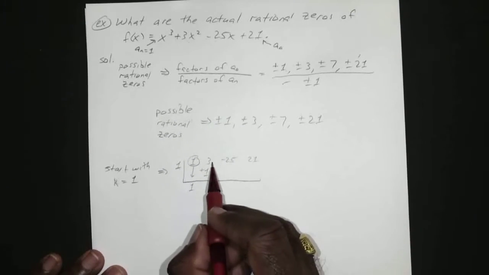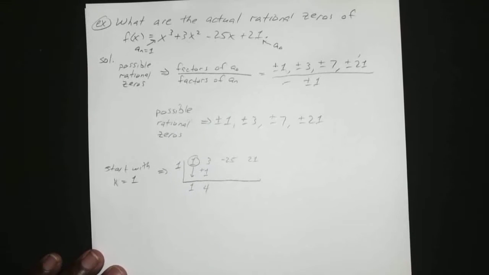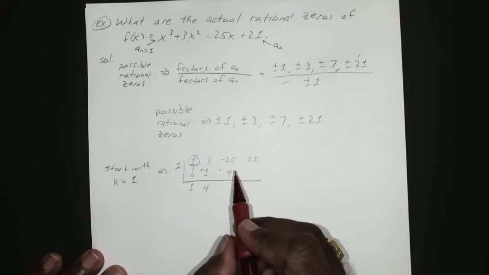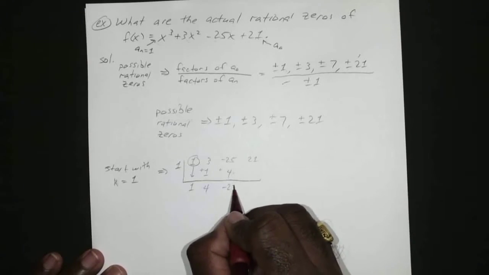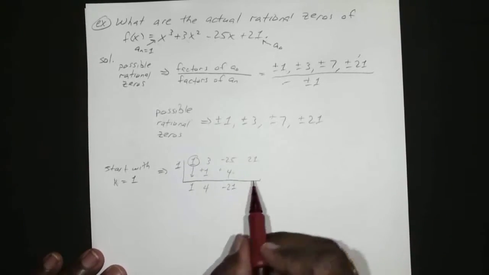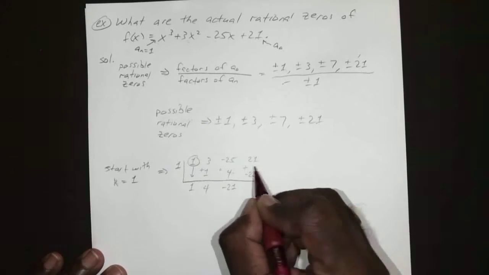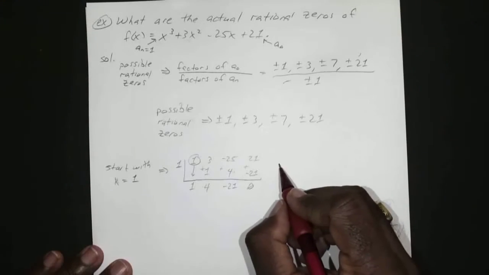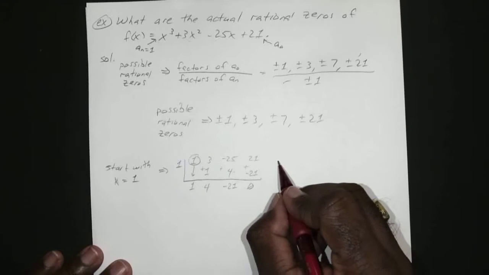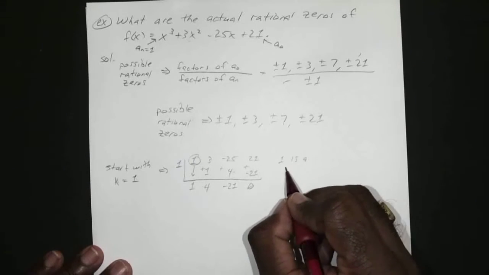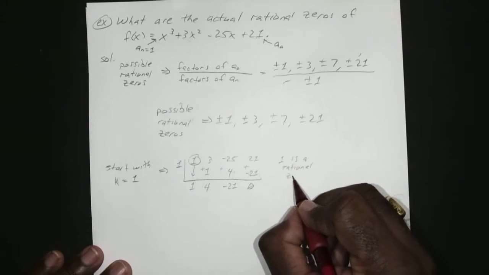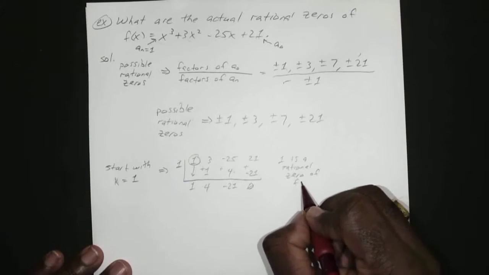Add them together, 3 plus 1 is 4. 1 times 4 is 4. Add them together, negative 25 plus 4 is negative 21. 1 times negative 21 is negative 21. Add them together, this becomes 0. So we know that 1 is a rational zero of f of x.